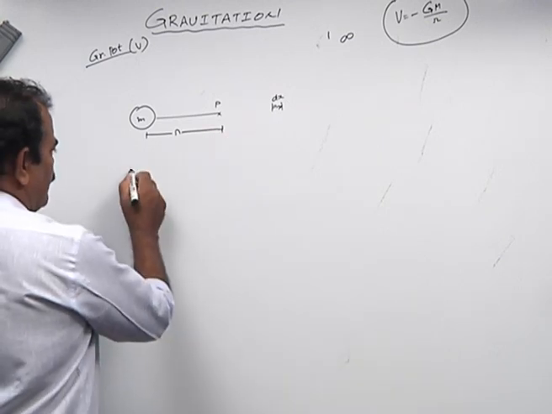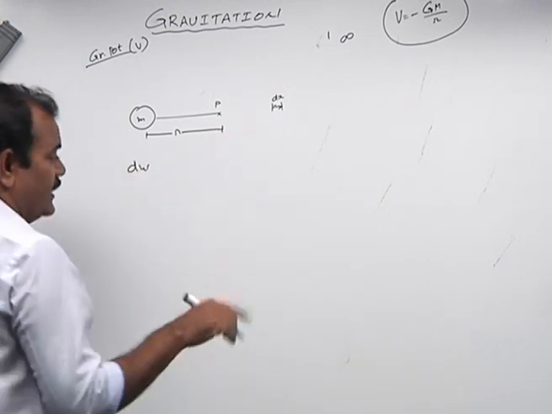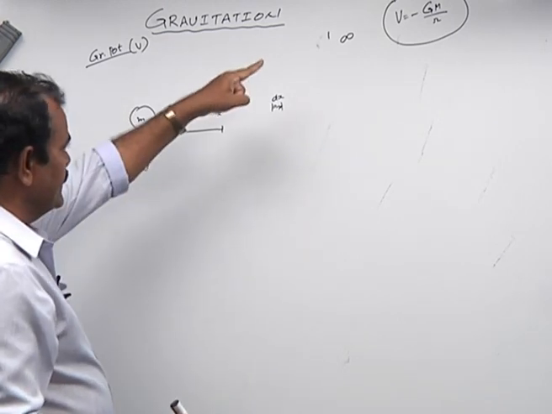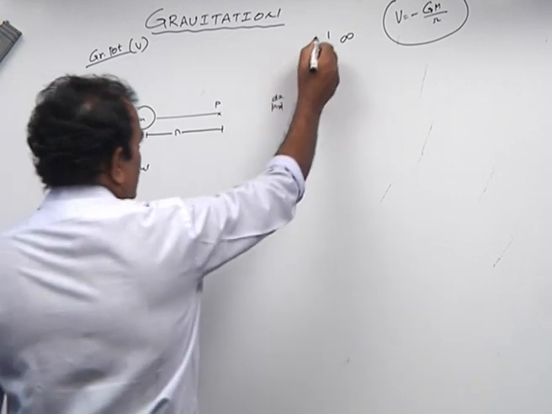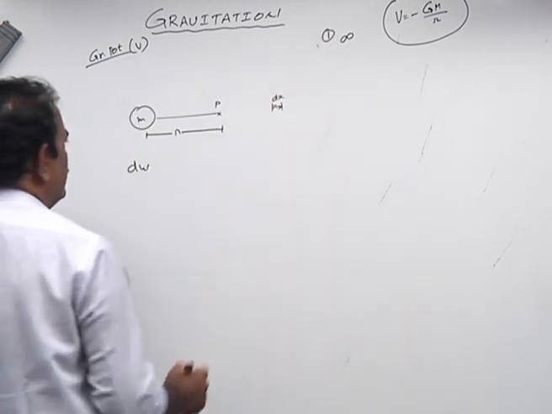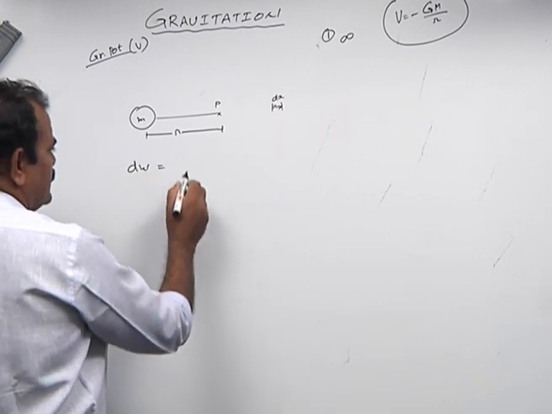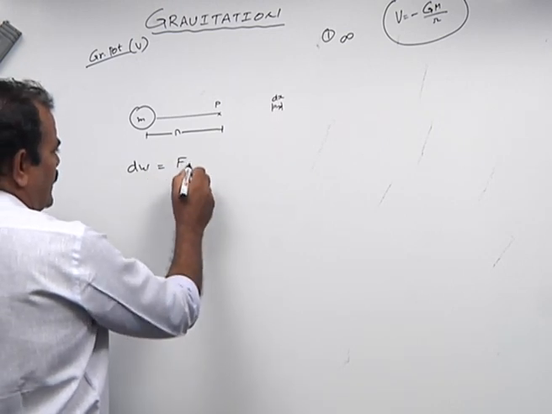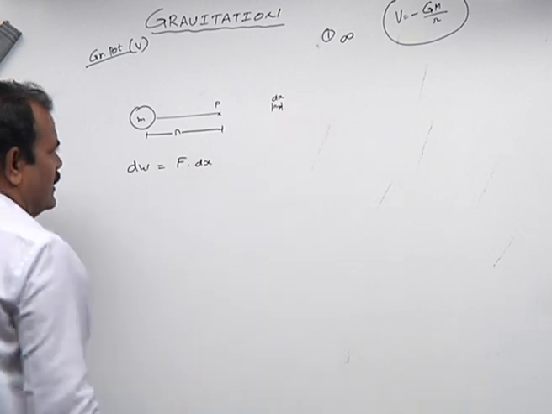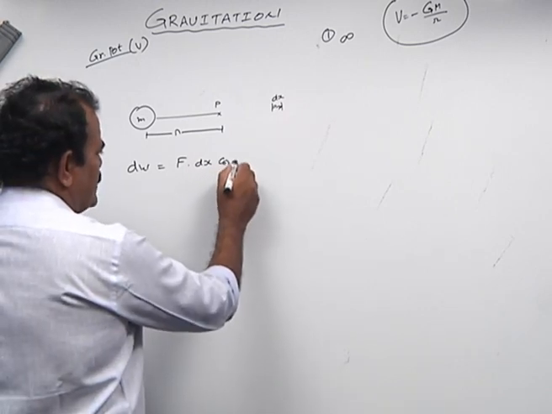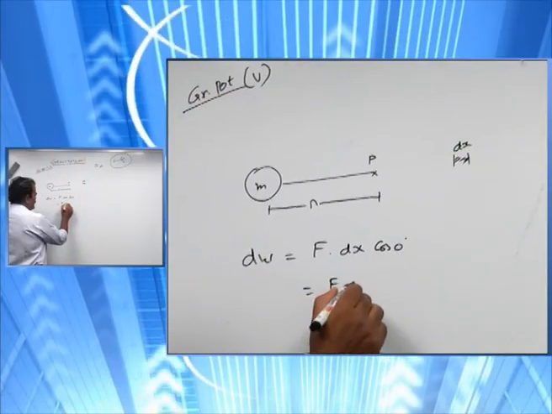First we are finding the work done by the field, because this mass m is attracting that unit mass. So dW is equal to F dx cos 0, so it is F dx only.